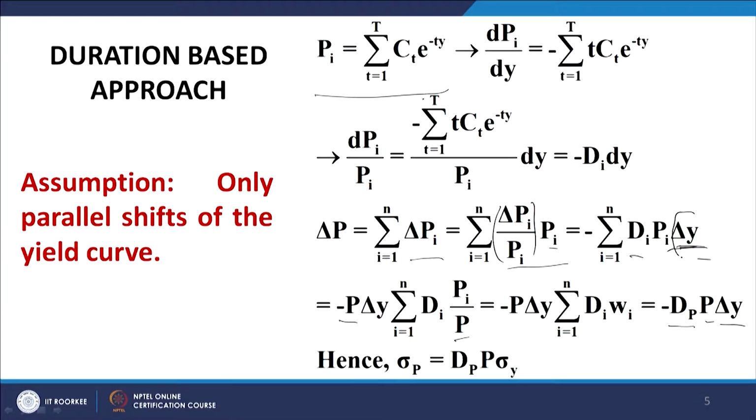The term structure of interest rates shifts parallelly, as and when it does shift. This delta y we assume has nothing to do with maturity. What I have done is I have taken delta y independent of i, that means whatever bonds A, B, C, D I have in my portfolio are affected similarly by this delta y.